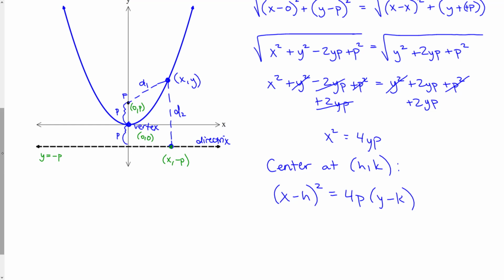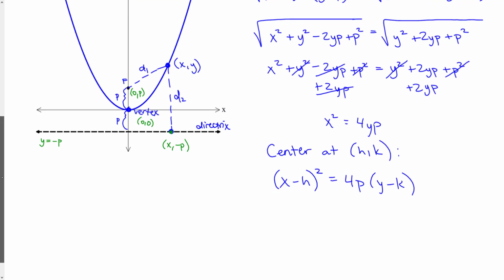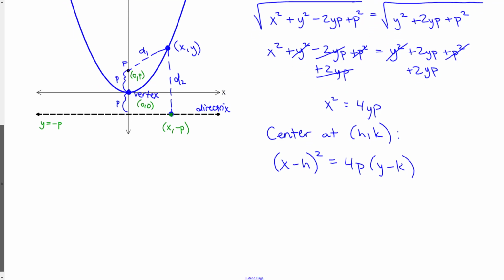That is the general form of a parabola, and in particular, this is a parabola that's going to open up or down. If you want it to open left or right, it would be y minus k quantity squared equals 4p times x minus h. And that's perfectly fine. You can have a parabola opening left or right.